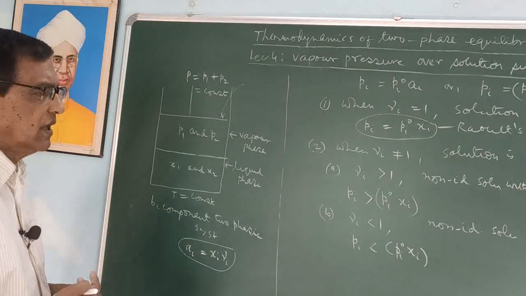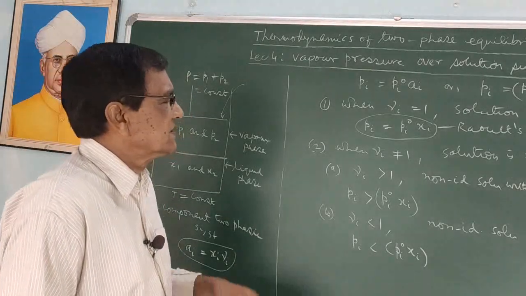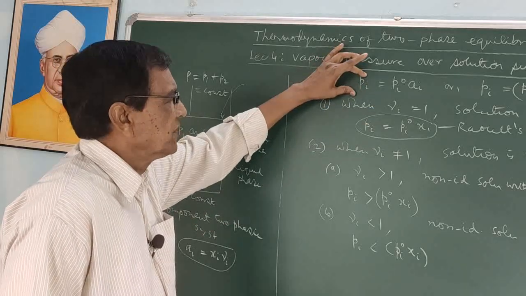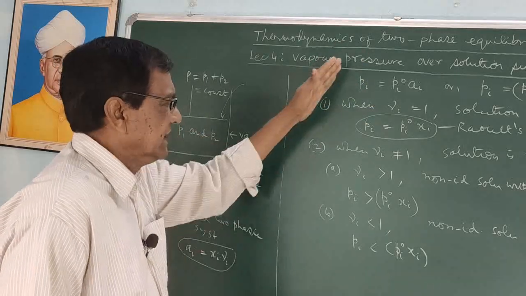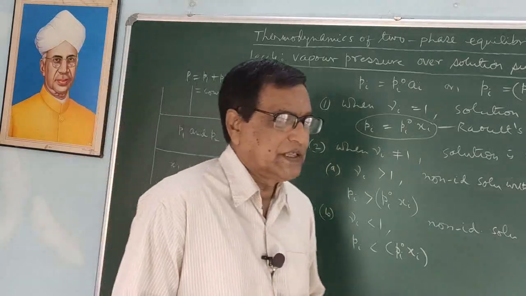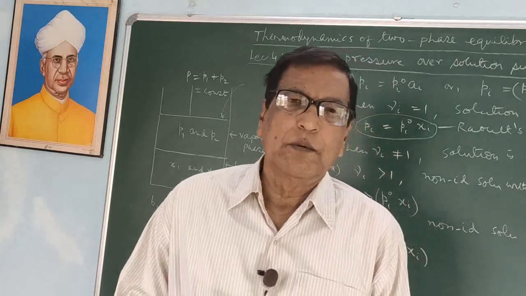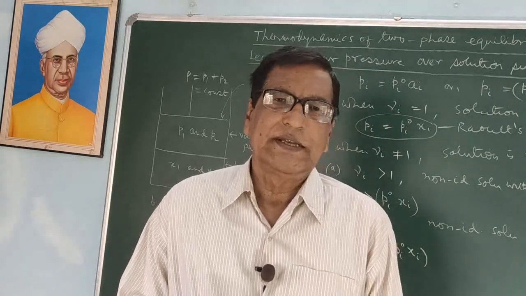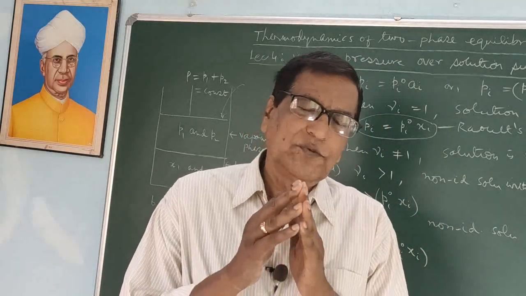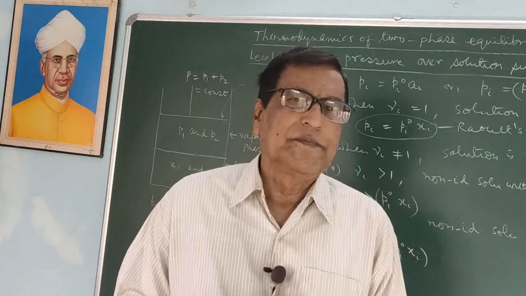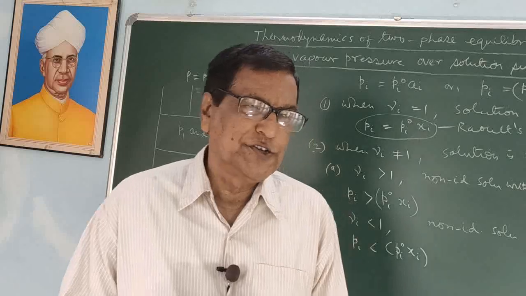These are all expressions for the vapor pressure of the i-th component over the solution, and it is deduced thermodynamically considering the most important thermodynamic property, the chemical potential. We shall discuss every colligative property in terms of this chemical potential.